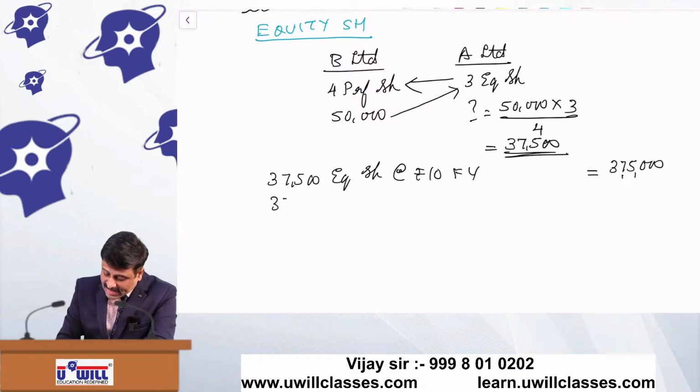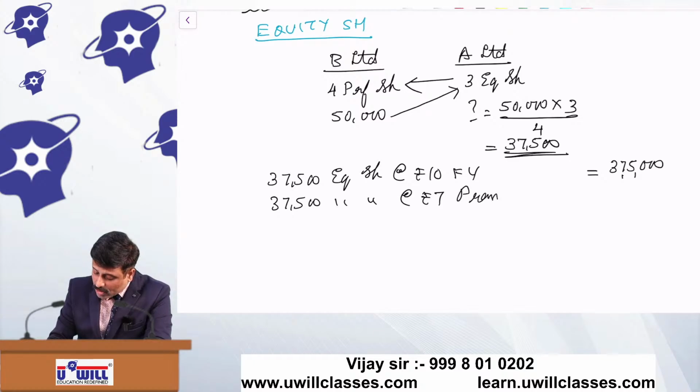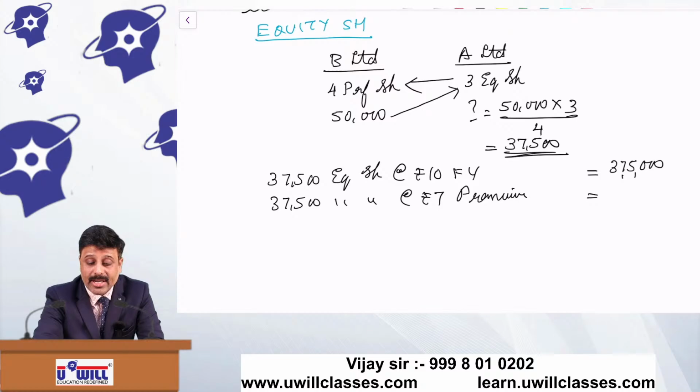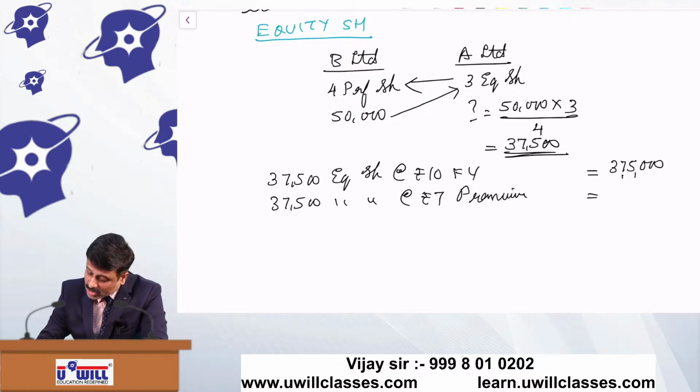And the same 37,500 equity shares, 7 rupees will be treated as premium, so what will go to securities premium account will be 37,500 into 7, that will be equal to 2,62,500.